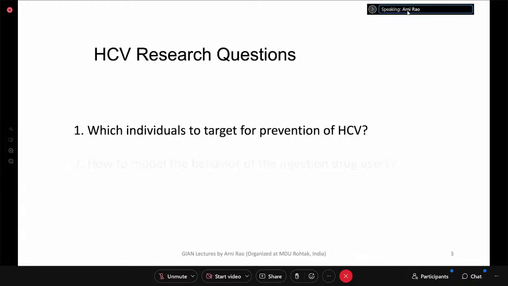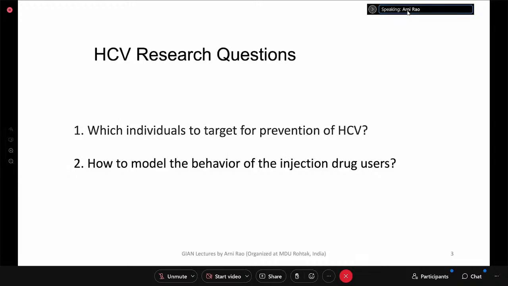Generally, the questions asked by governments are how to identify them, and how to model their behavior so that we can control the spread of hepatitis C, which is essentially through the sharing of needles. So how can that be understood using mathematical models, and then eventually make a policy of epidemic control?